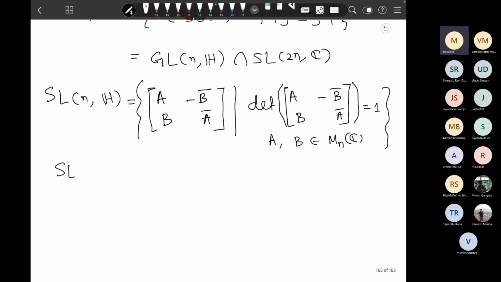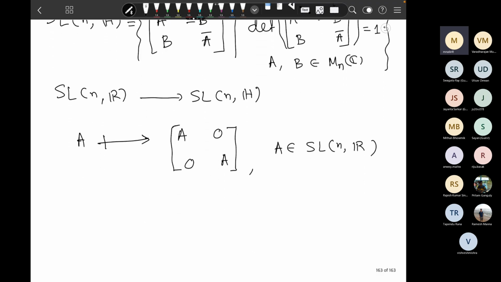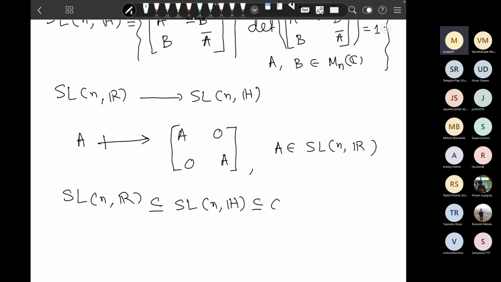This gives an embedding of SLNR inside SLNH: you take A and map it to A, 0, where A belongs to SLNR. So SLNR is a subset of SLNH, and this is a subset of GLNH.